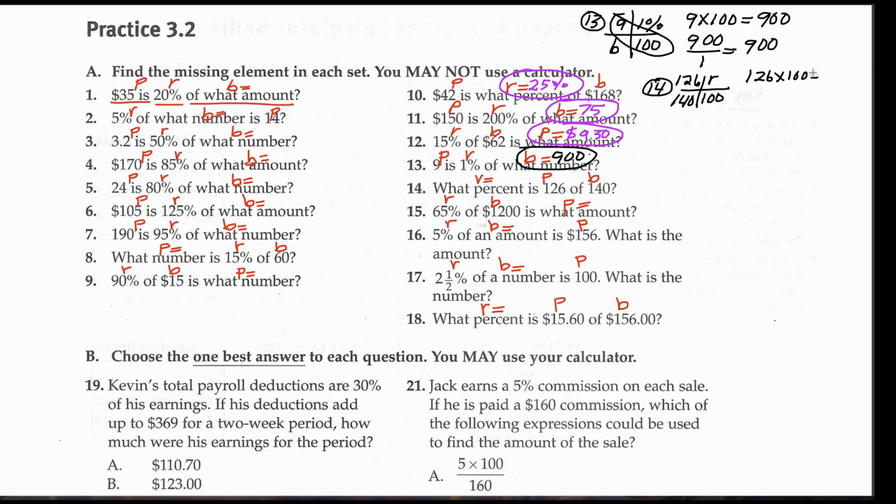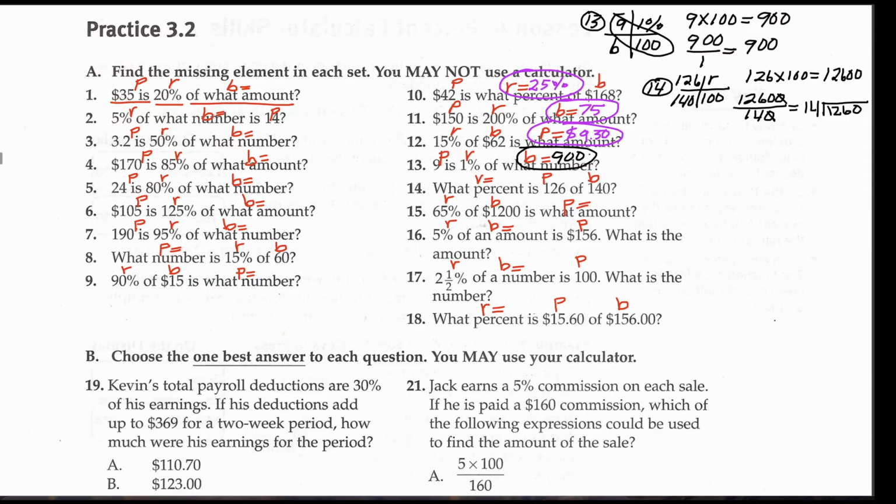That is the same as 126 100. Now 126 100 divide by 140. Cancel the 0 and 0 on the top and the bottom. So now you have 14 goes into 1260.